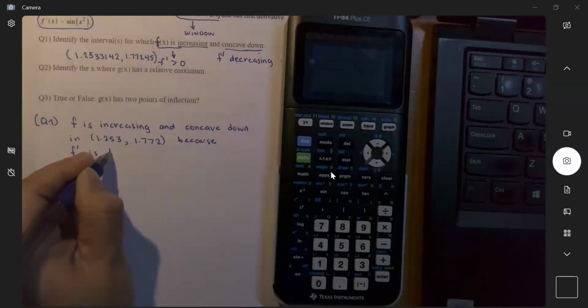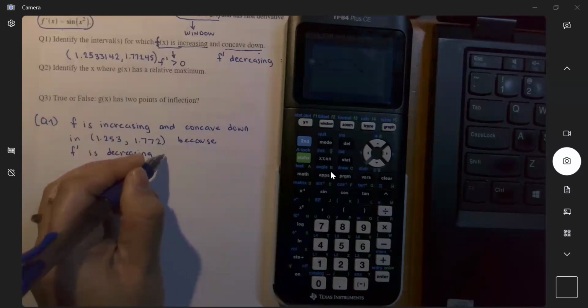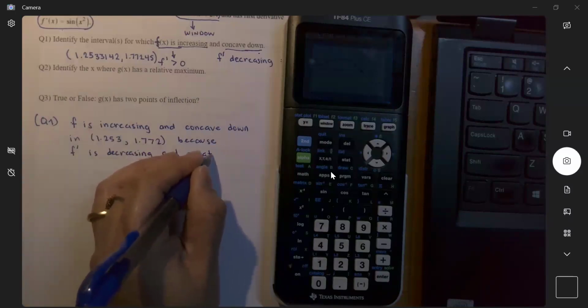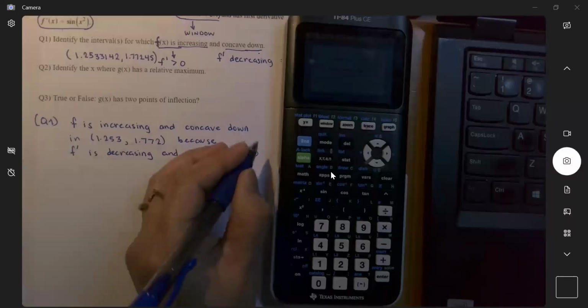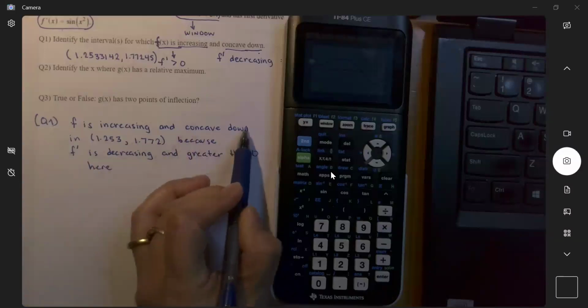Decreasing. What else? And greater than 0. Okay, here. So F prime decreasing, that's for concave down.